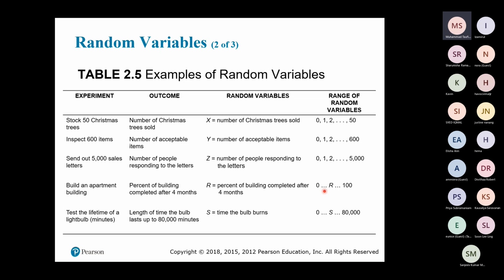Okay, and then lastly, test of lifetime of a light bulb. Okay, the outcome is length of the time a bulb lasts, up to 80,000 minutes. Okay, so the variable is bila, okay, so awak boleh ubah adalah bila mentol tu akan terpadam.